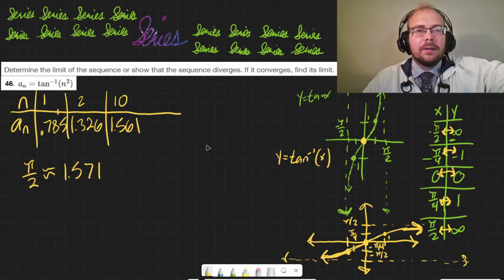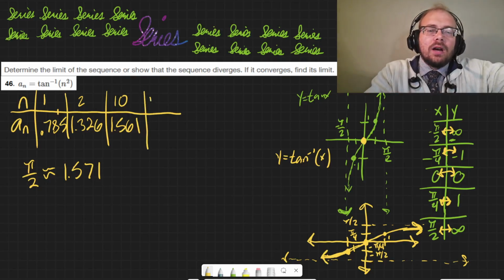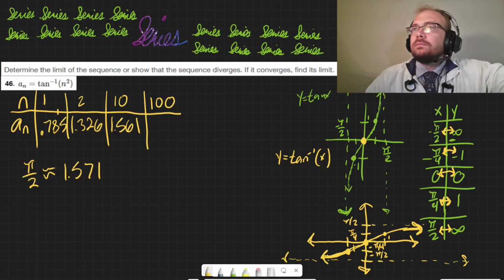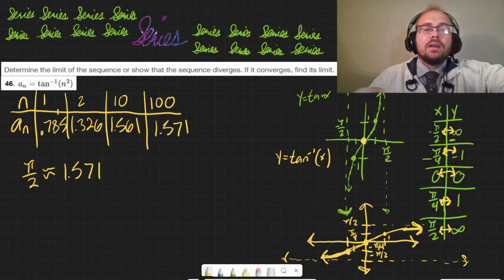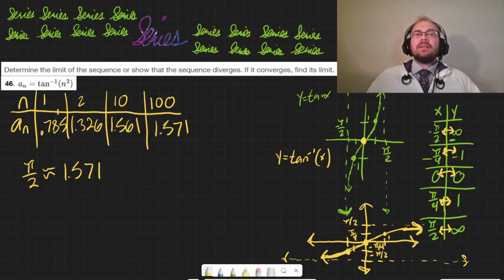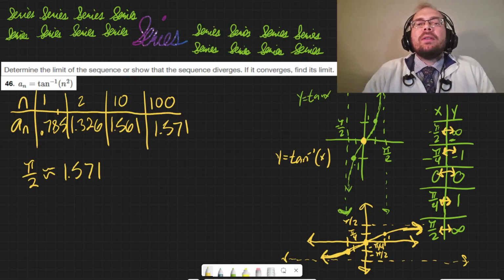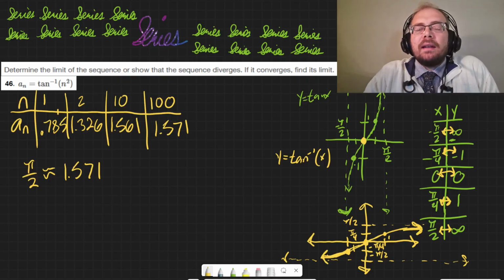Percentage-wise. If we go to 100, let's see what that would be. 1.571. Yeah, so now we are within 3 decimal places of the actual answer, 1.571 at n equals 100.